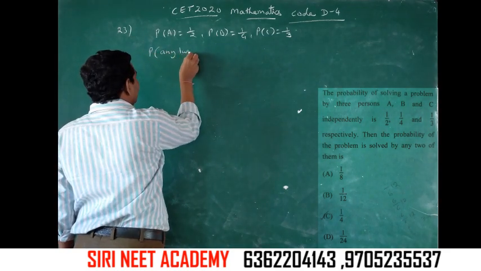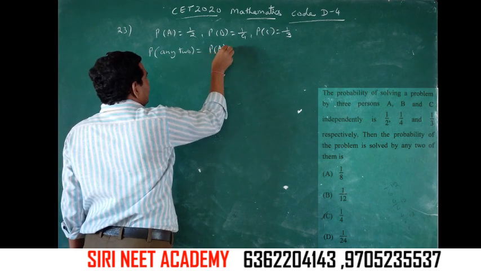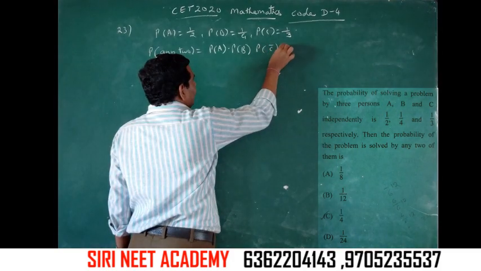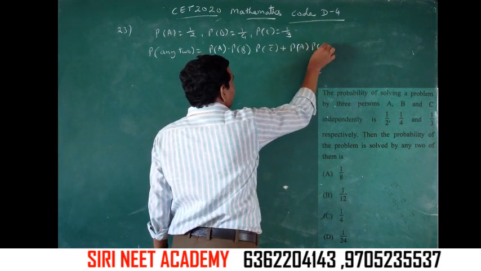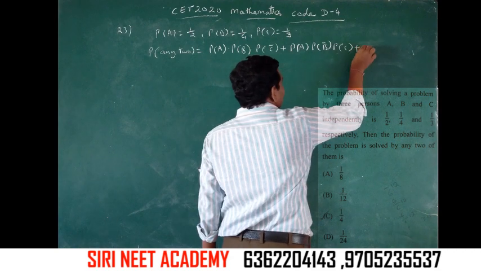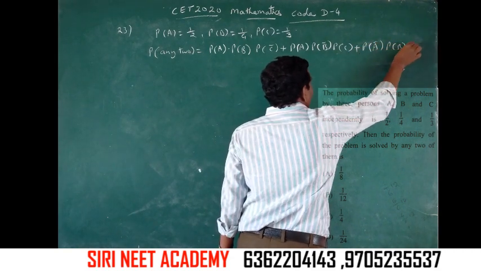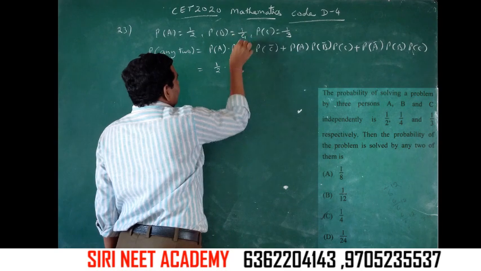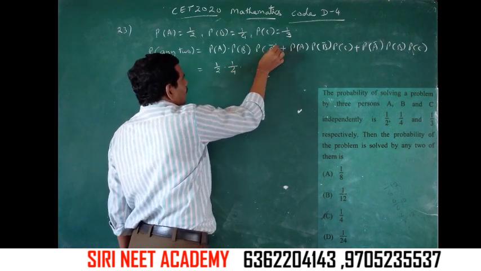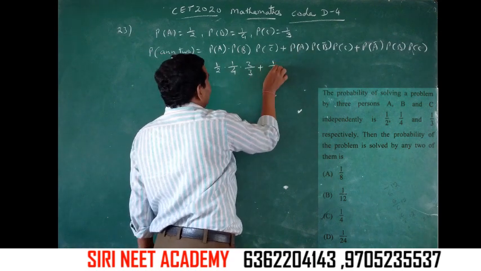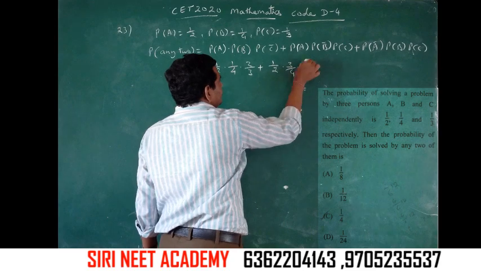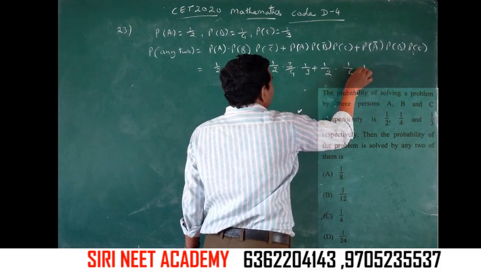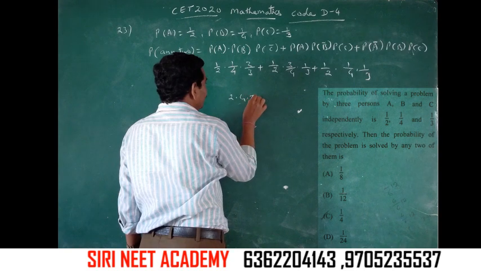Probability of any two means the problem was solved by A and B but not by C. Similarly, probability of A, probability of B bar, probability of C, and probability of A bar, probability of B, and probability of C. So solved by A and by B but not solved by C. Solved by A, not solved by B, solved by C. Not solved by A, solved by B, solved by C. So LCM 2 into 4 into 3.